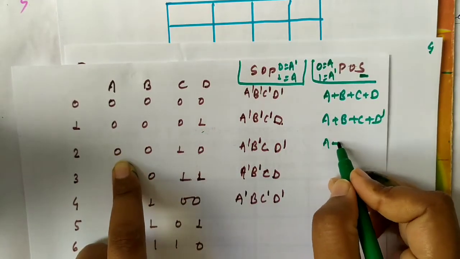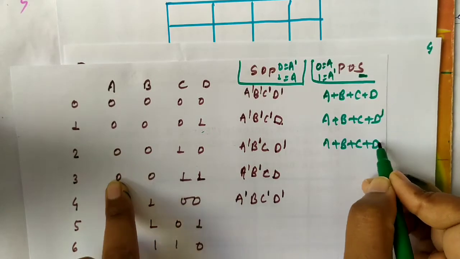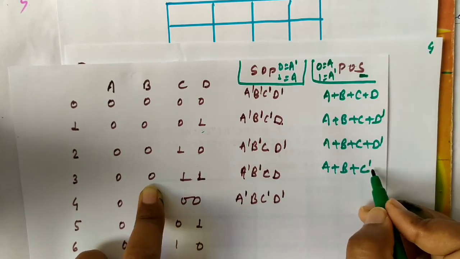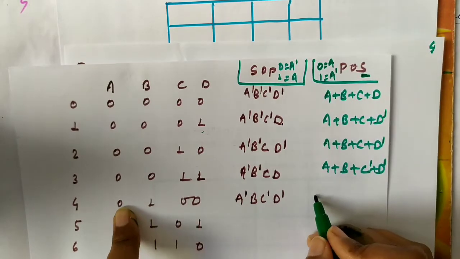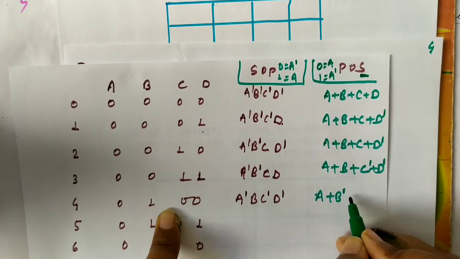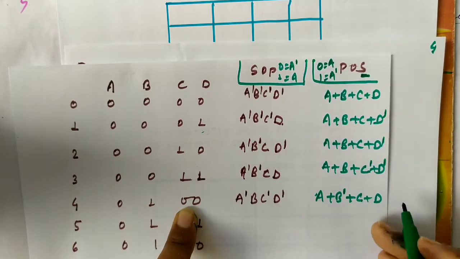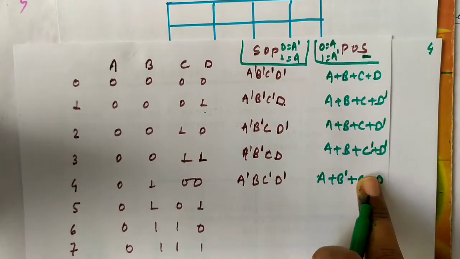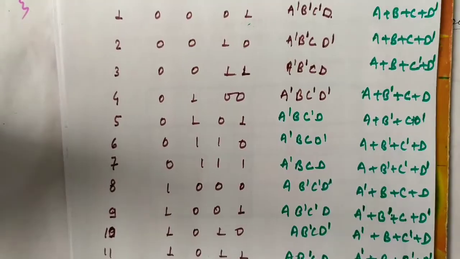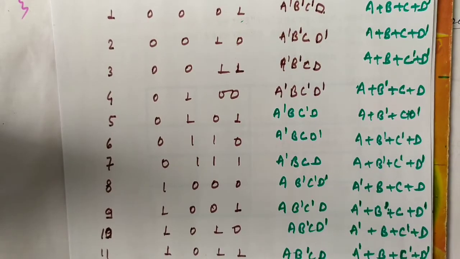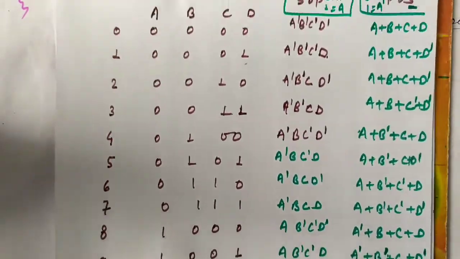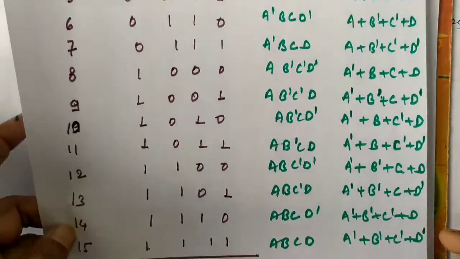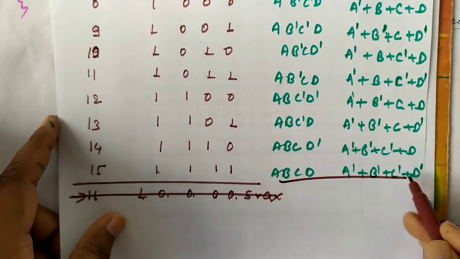Again A plus B plus C plus D dash, and again A plus B plus C dash plus D dash. Next one is A plus B dash plus C plus D. So also you write the SOP up to 15 and POS up to 15. This is the SOP and this is the POS, from 0 to 15. This is the expression.